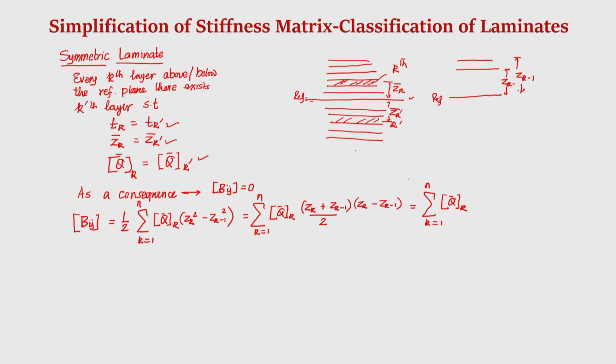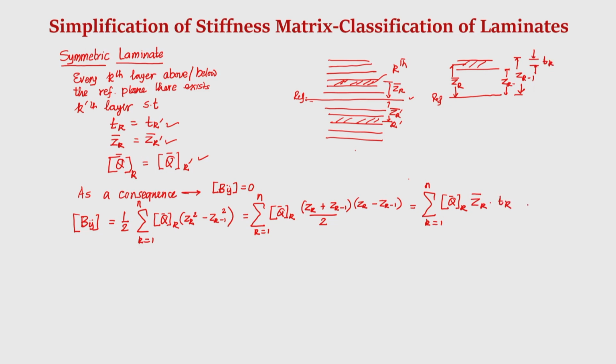Remember this, what we have done during our classical lamination theory. And z k is the distance of the mid surface of this. Therefore, this z k plus z k minus 1 divided by 2 is nothing but z k bar. And what is z k minus z k minus 1? This is nothing but the thickness of the kth layer. So, this is T k.